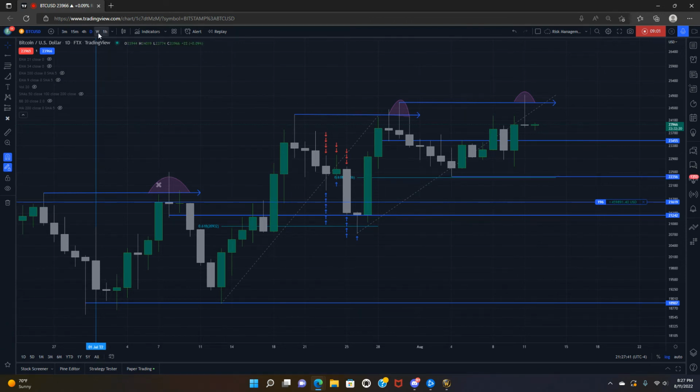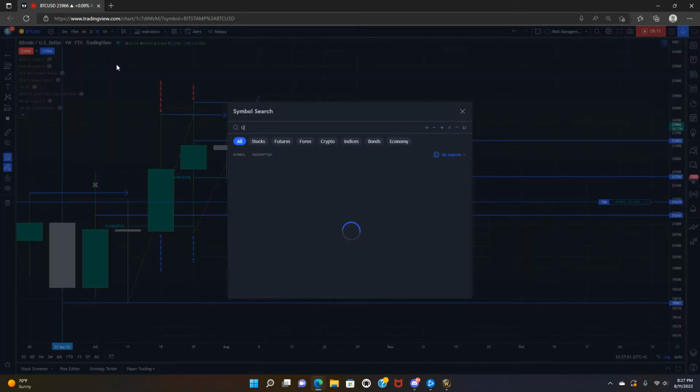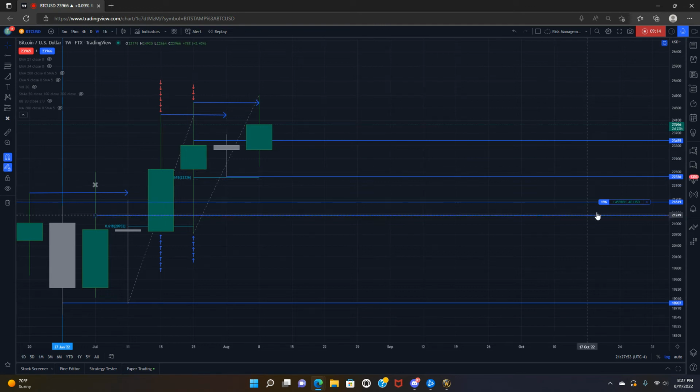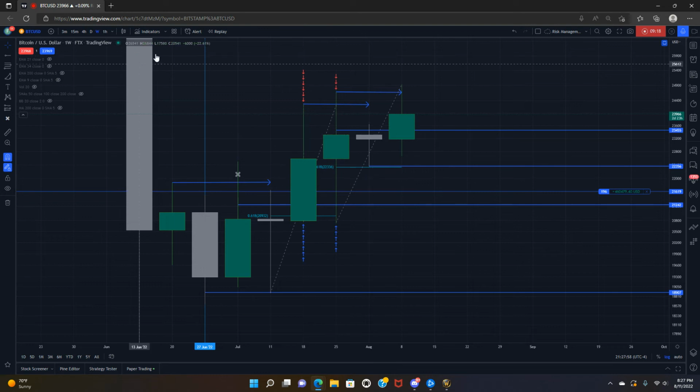Really, it was roughly the 21666 level right here. So basically, the entry in my position at 21619. Any type of weekly close below that level, at that point, I would definitely abandon the position.